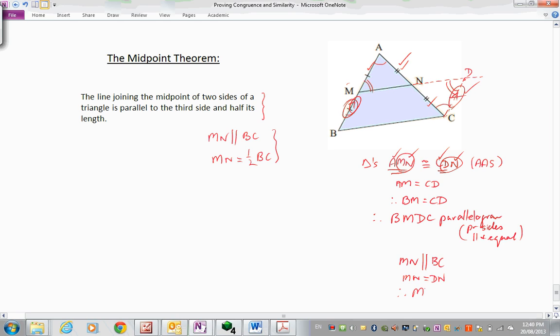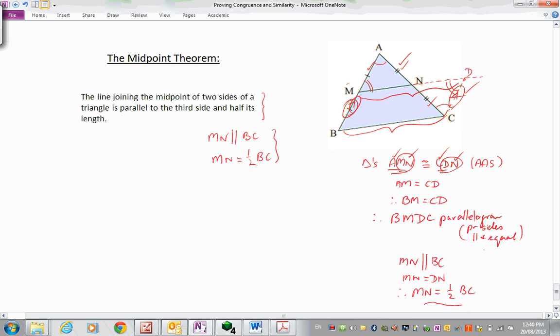Therefore, MN is a half of BC, because opposite sides of a parallelogram are equal. So this side equals this one, and MN is half of it. So we have done it. We have shown the midpoint theorem can be proven that way.